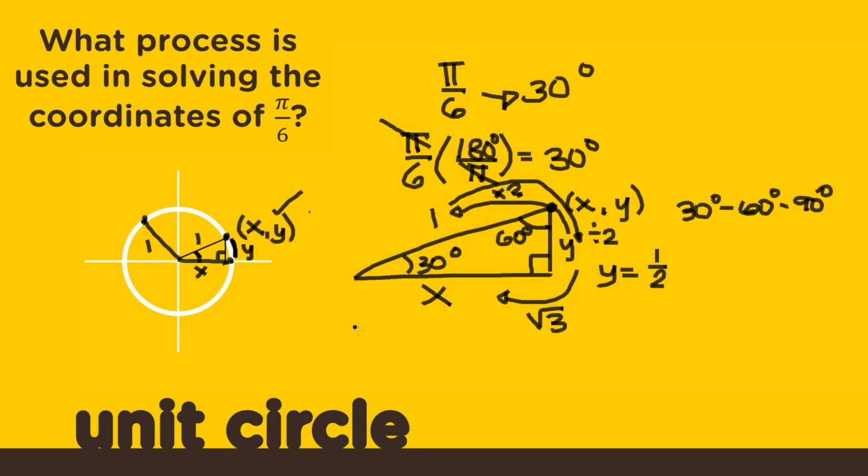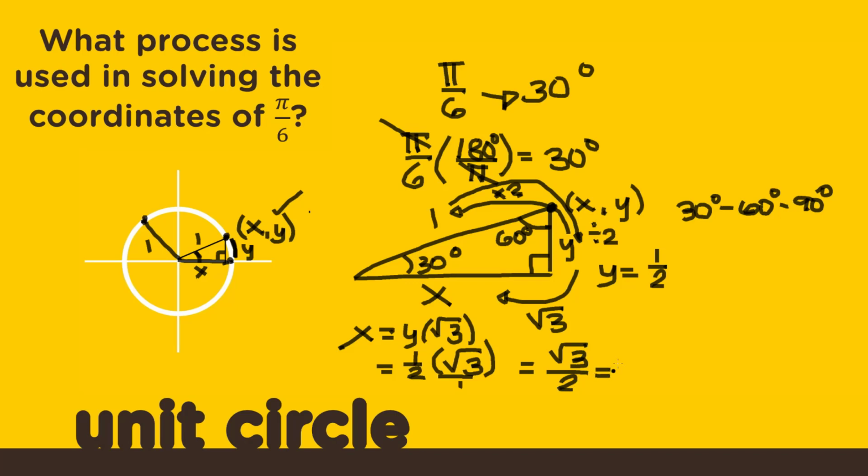That would mean the value of x is equal to the value of y times square root of 3. Our y earlier is already 1/2, and we multiply it by square root of 3. We know that square root of 3 can be over 1, and when you multiply fractions, numerator to numerator, you will have 1 times square root of 3, which is square root of 3, and 2 times 1, which is 2.